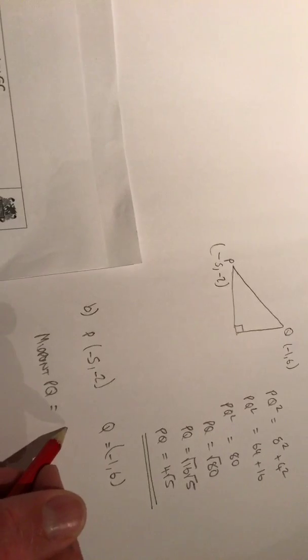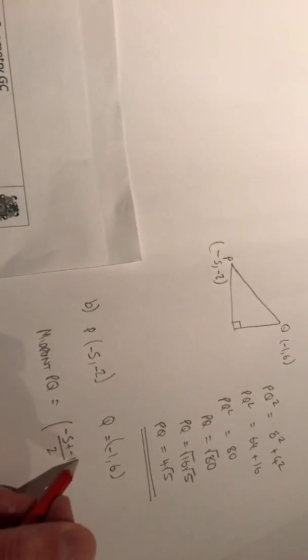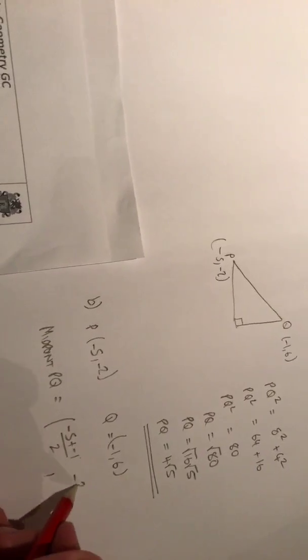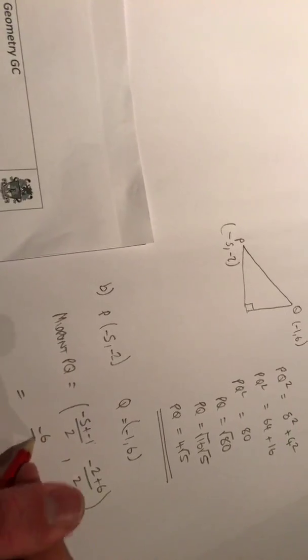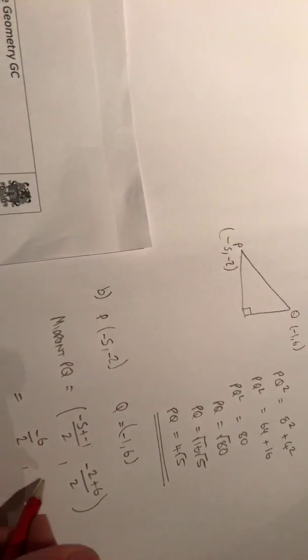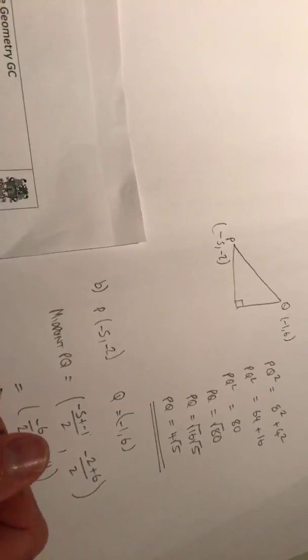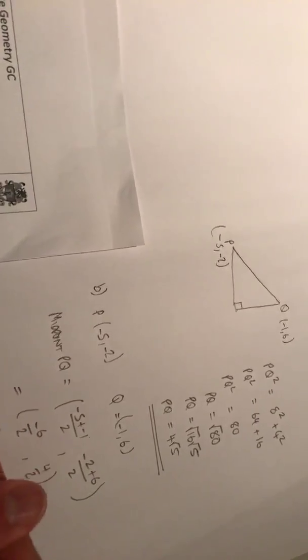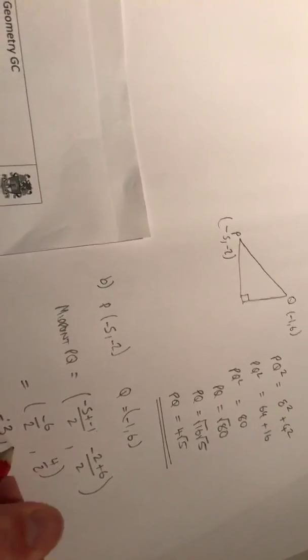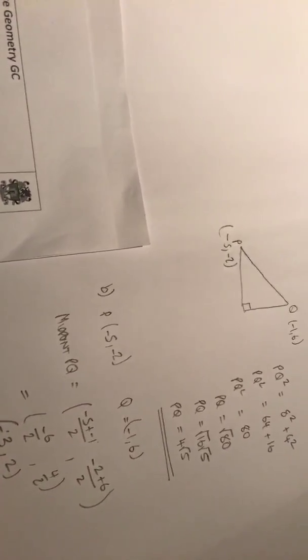That basically means adding the x coordinates, -5 add -1 over 2, and then -2 add 6 over 2. Adding them together gives us -6 over 2 and 4 over 2, which means the midpoint of PQ, which I think is denoted as M, is going to be -3, 2. So we now know that M is -3, 2.